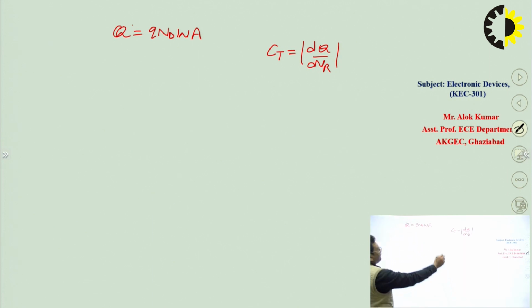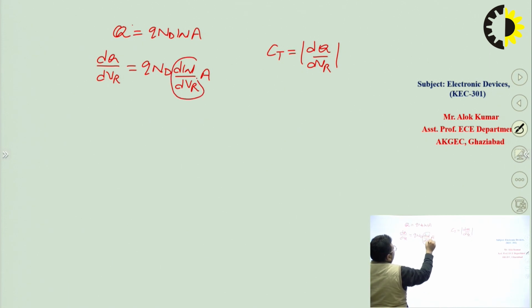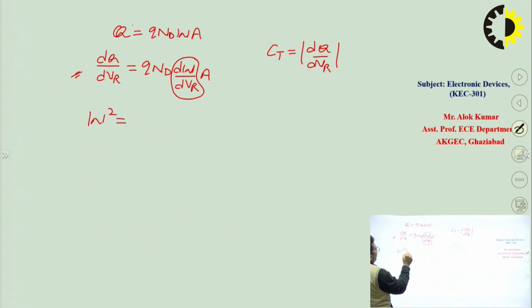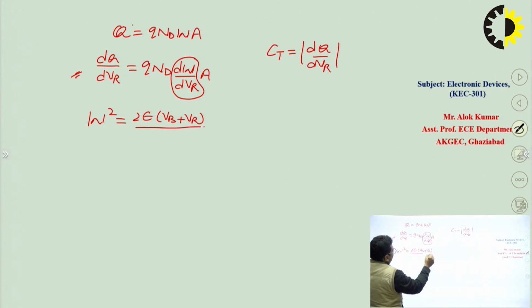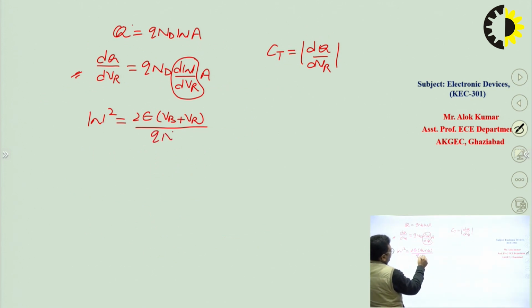If I differentiate this with respect to VR, it becomes q Nd into dW by dVR into A. To find this dQ by dVR, I need dW by dVR. I have the value of W square from equation 4. W square is equal to 2 epsilon into VB plus VR divided by q into Nd.